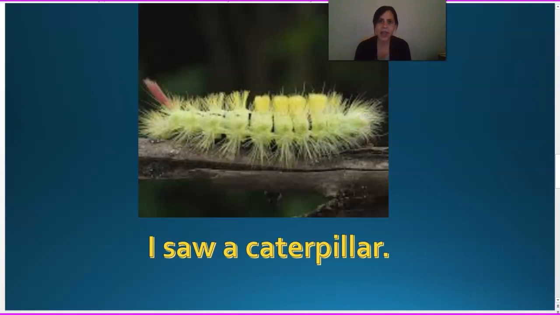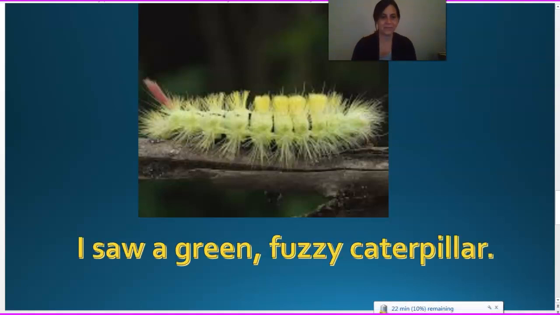So I thought about how I could tell more. And the way I did it was I looked at my picture and I said, well, there's a caterpillar. What else could I say to tell more about the caterpillar? And I wrote, I saw a green, fuzzy caterpillar.